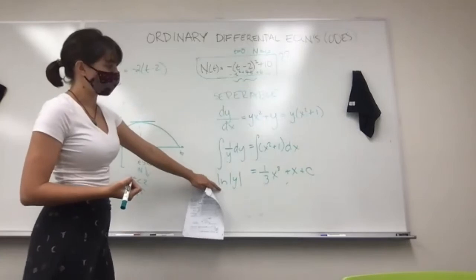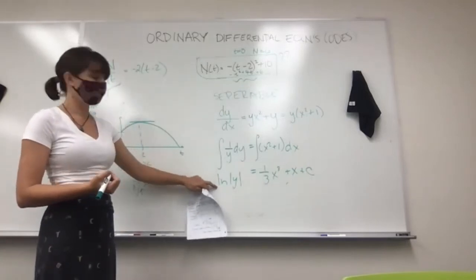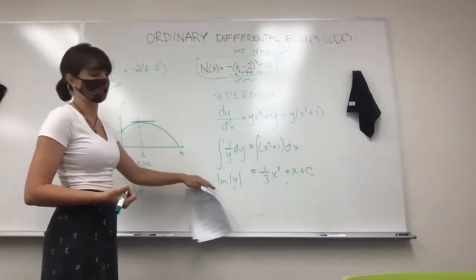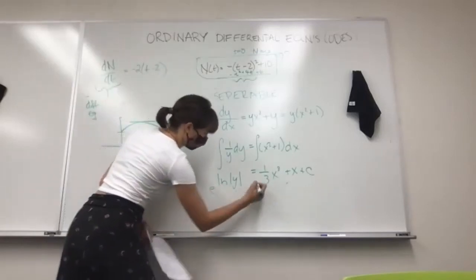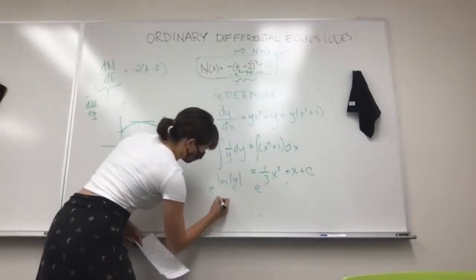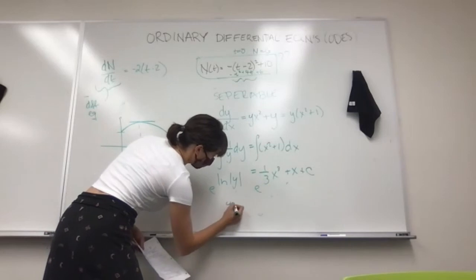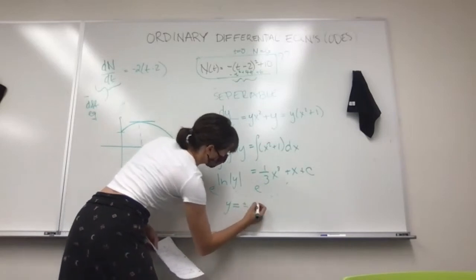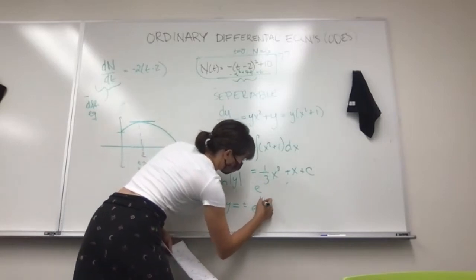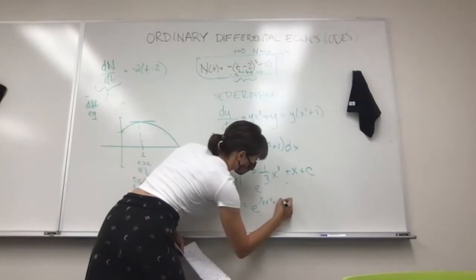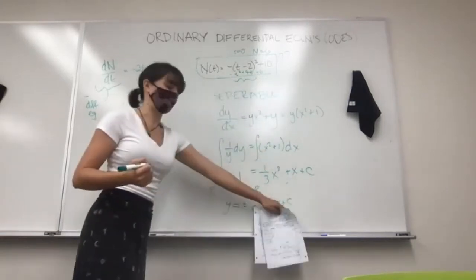And so if we want to know what y equals in this equation, the only way to get rid of this natural log is to raise it to the e power. So then you get e to the 1/3 x cubed plus x plus some arbitrary constant.